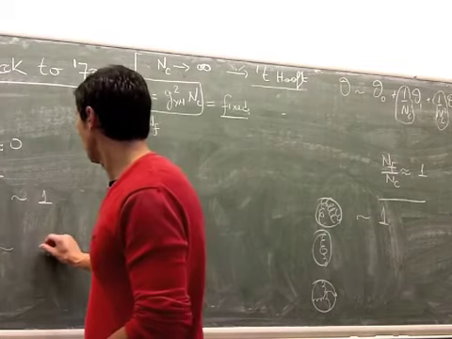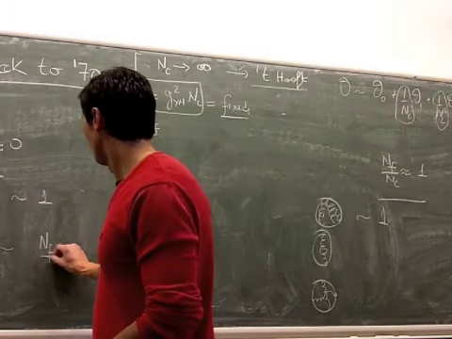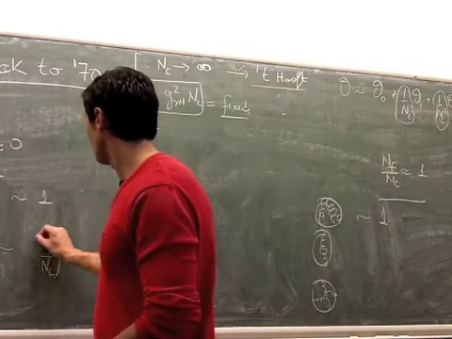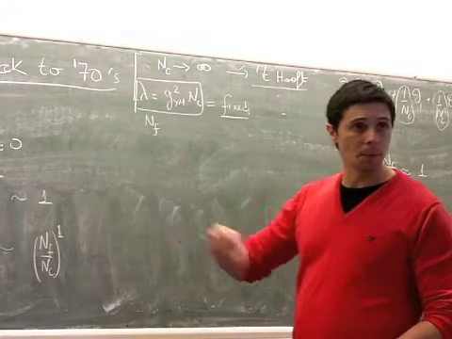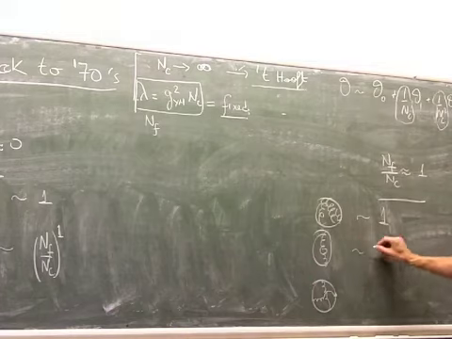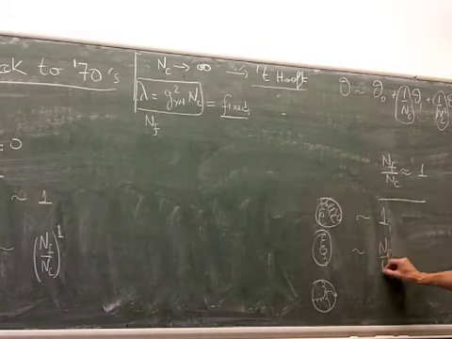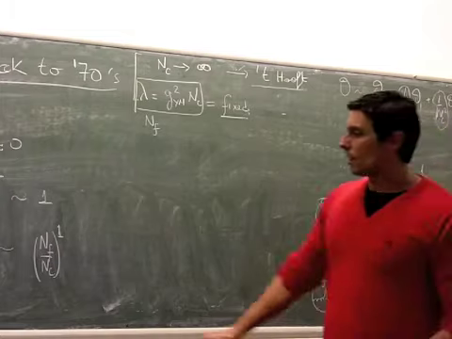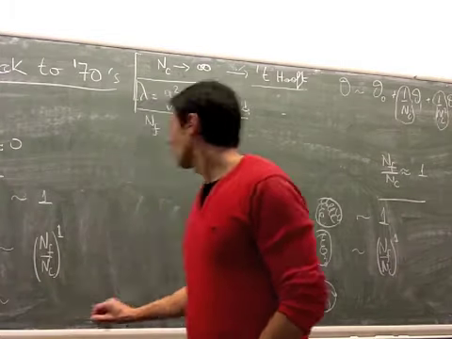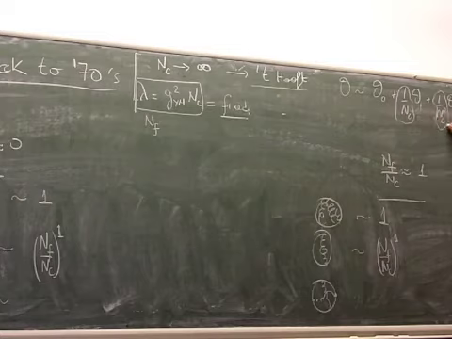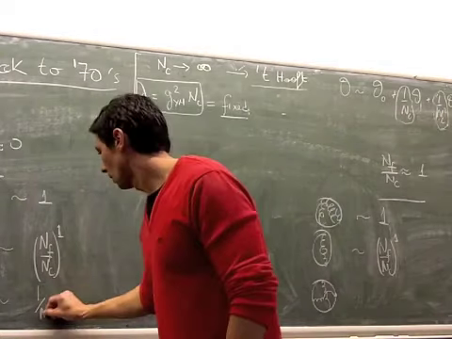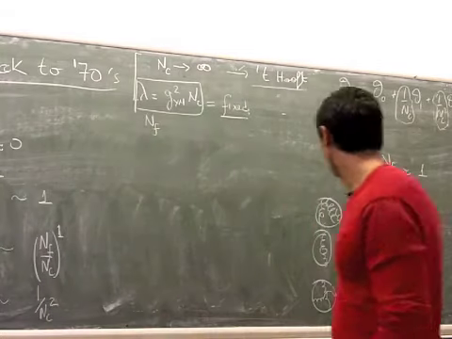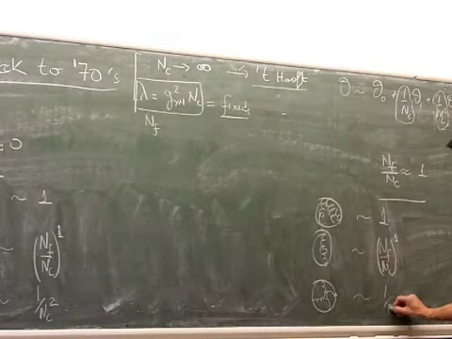A diagram like this, up to integrals, will scale like NF over NC to the 1, because there is one of these pair productions. Non-planar diagrams, you may have read this, are suppressed in this way, and similarly here, they are suppressed in this way.